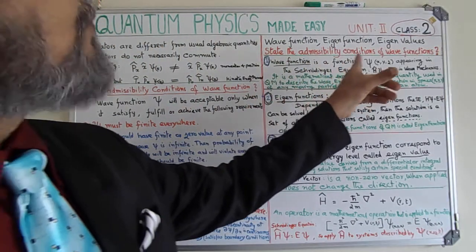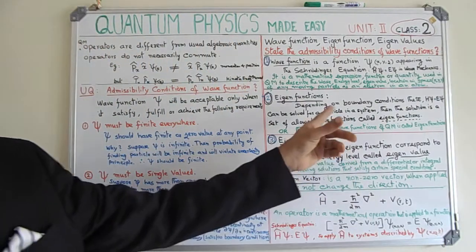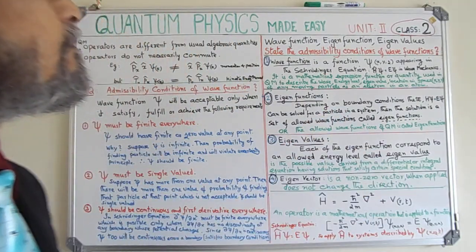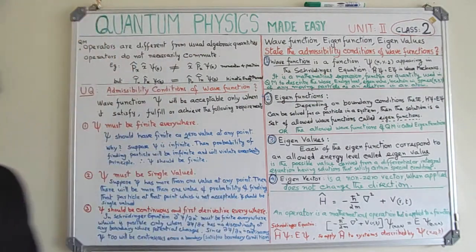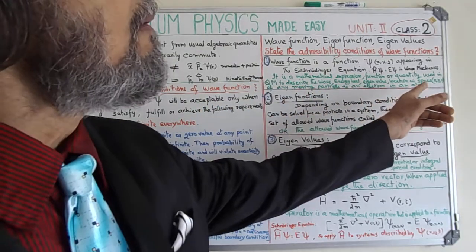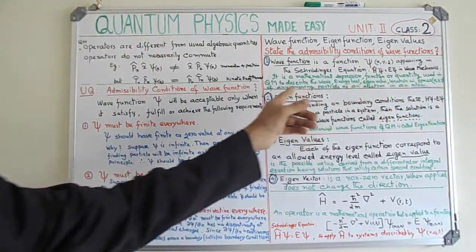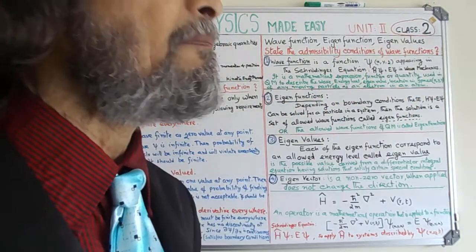Now, wave function is a function psi appearing in the Schrodinger equation, H psi is equal to E psi, in the wave mechanics. So, what is wave function? It's a mathematical expression, function or quantity used in quantum mechanics to describe the wave, energy level, eigenvalue, location in space, the coordinate system x, y, z of any moving particle such as an electron in an atom.